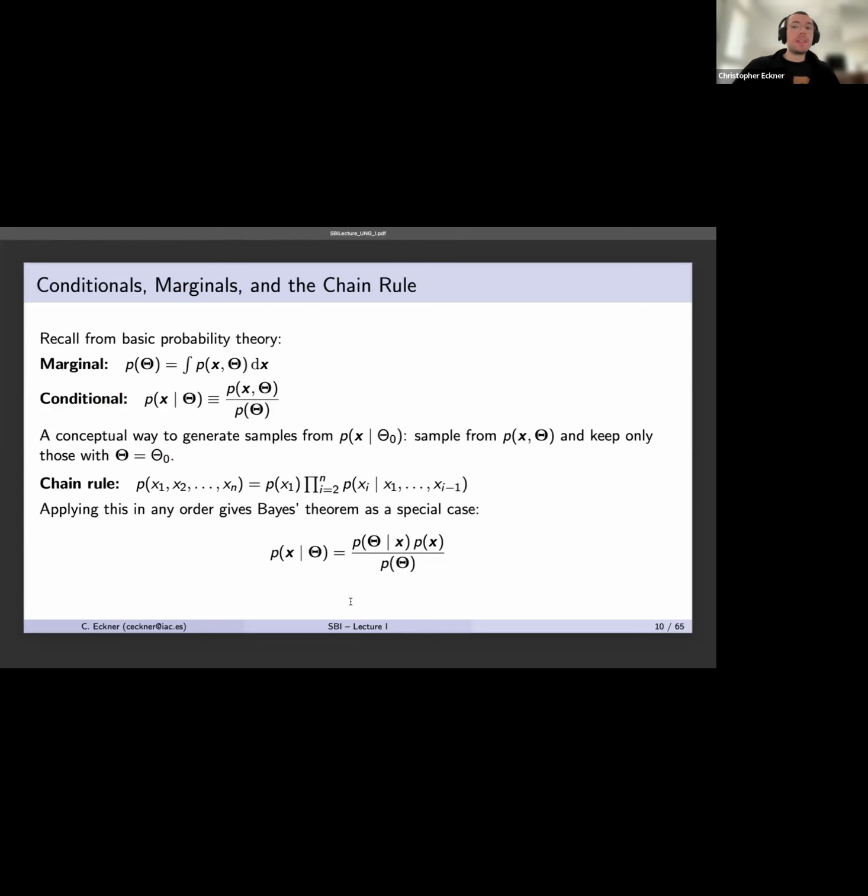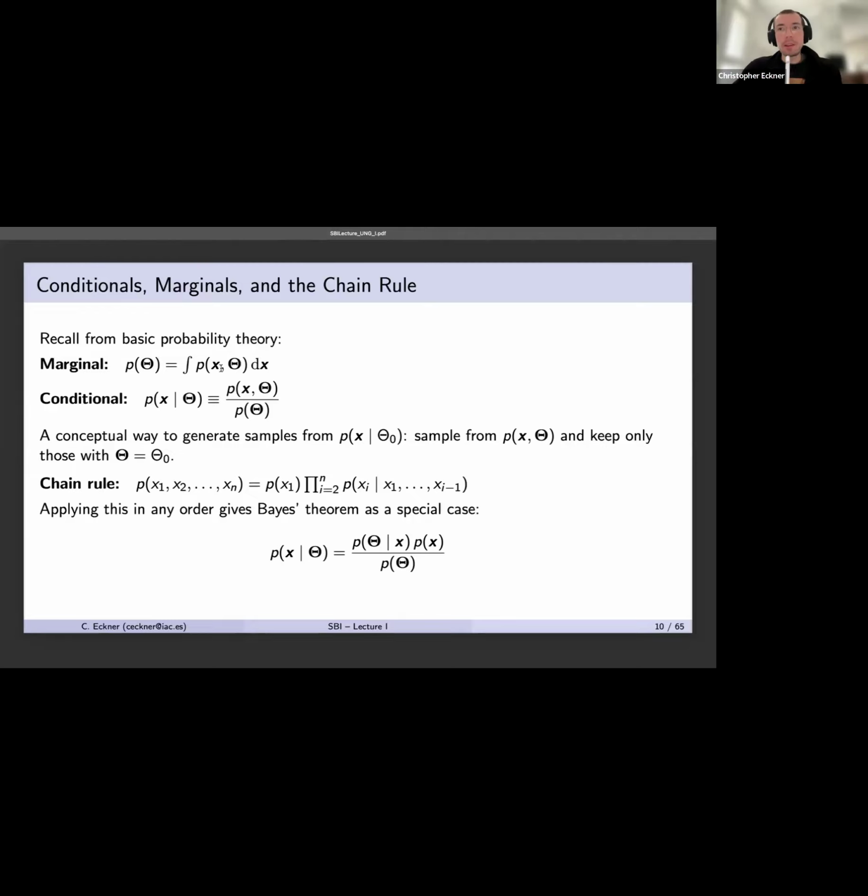Well, this depends on the different quantities that pop up in Bayesian statistics. So from probability theory, there are some terms that one should recall here, namely the marginal of a probability distribution, which is basically the integrated joint probability density. So what we see here in the center is called a joint probability. Why is it joint? Because it is the joint probability density distribution of all variables in your problem.